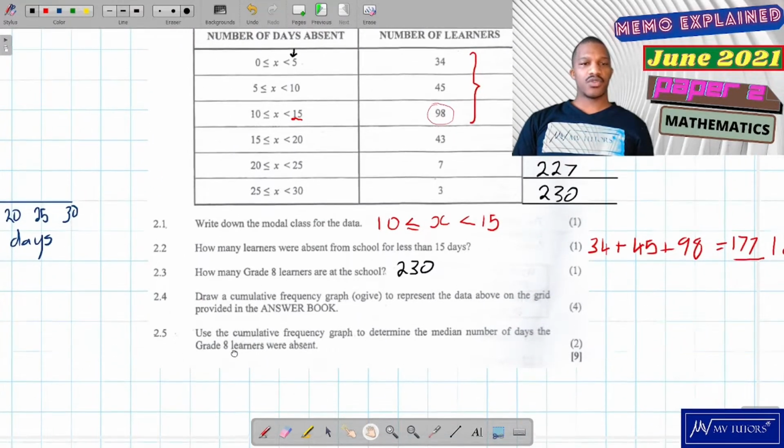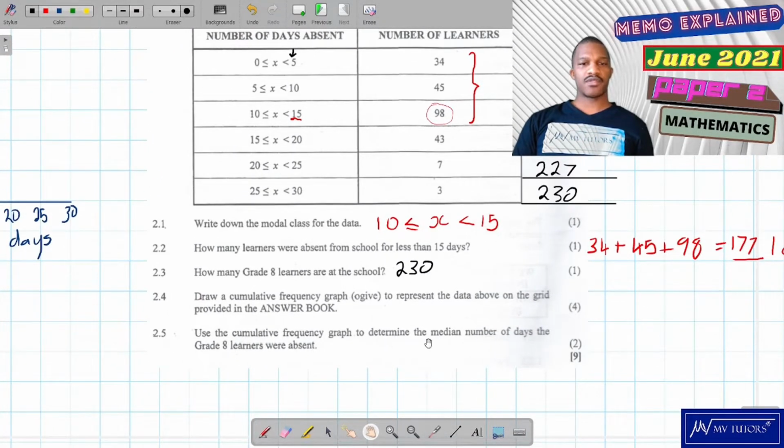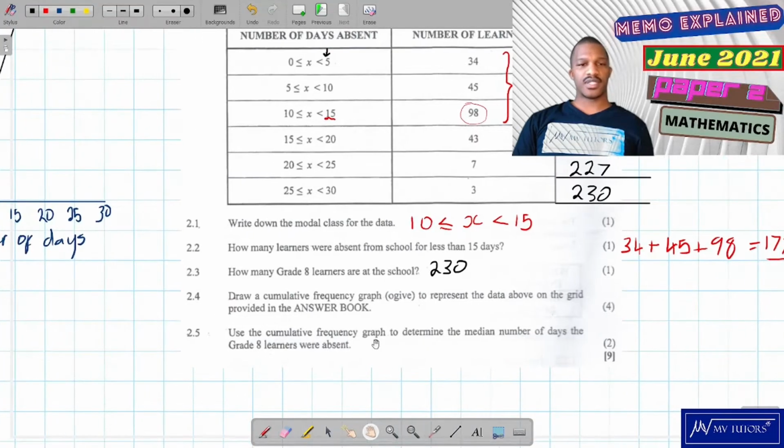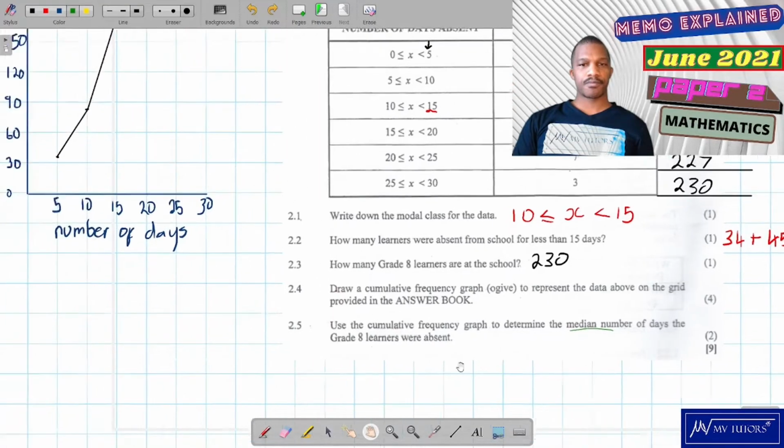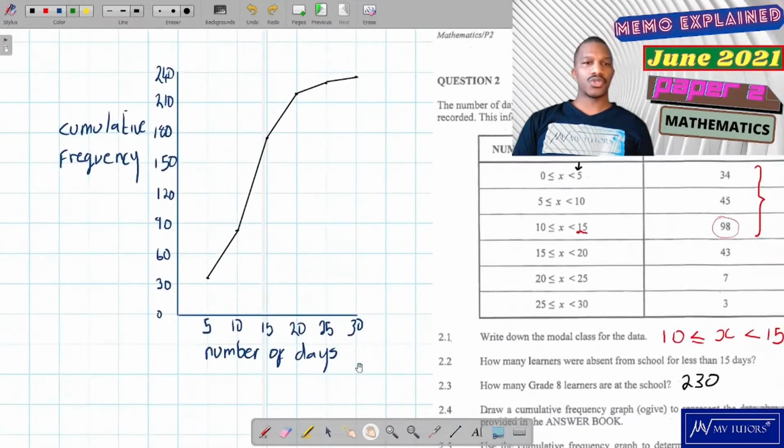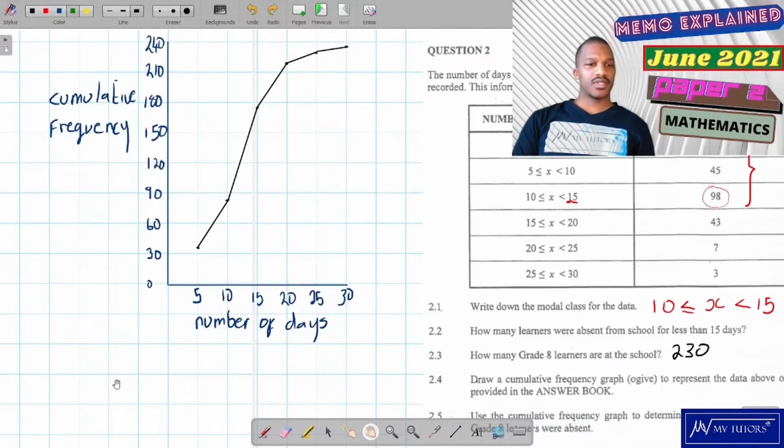Now they say use the cumulative frequency graph to determine the median number of days the grade 8 learners were absent. Okay, so we are looking here for the median. And for us to solve the median, there is actually a formula that we can use.